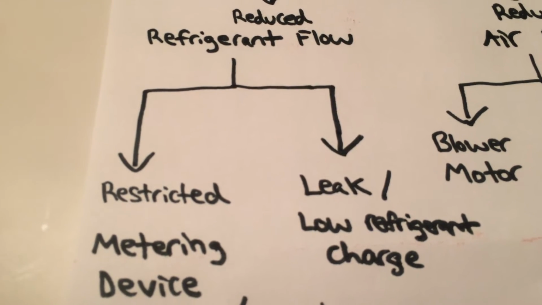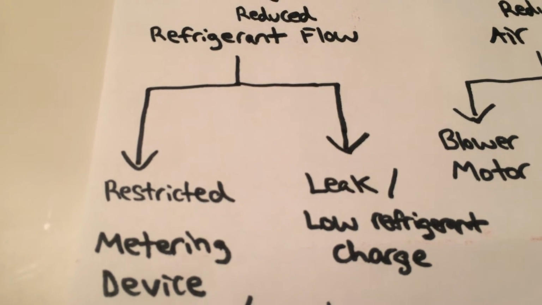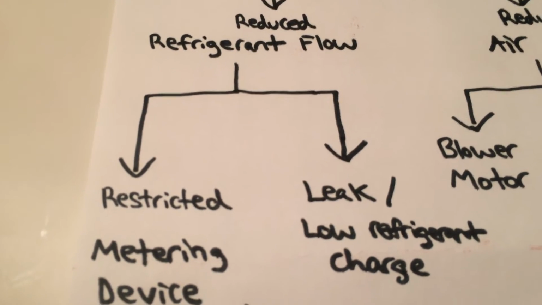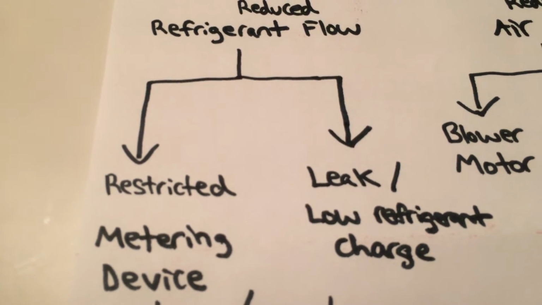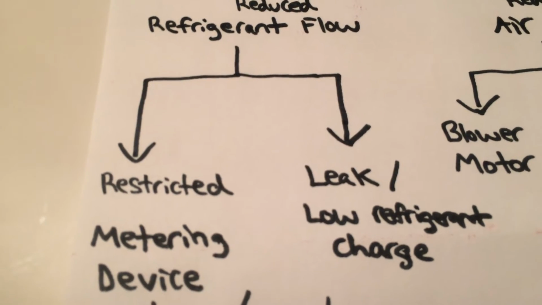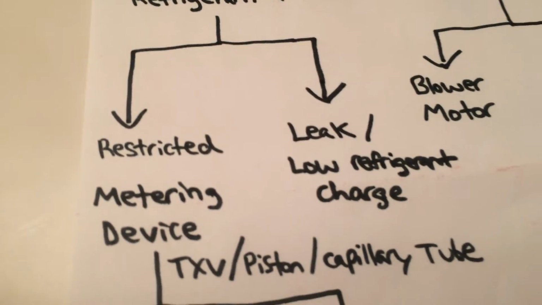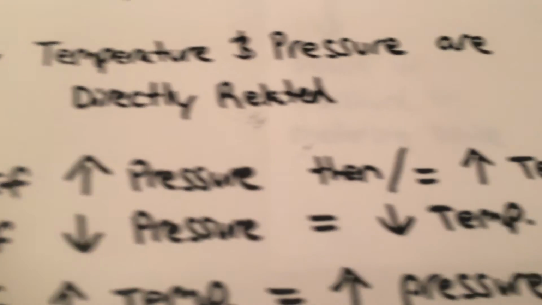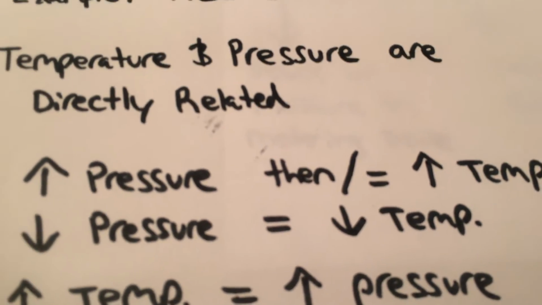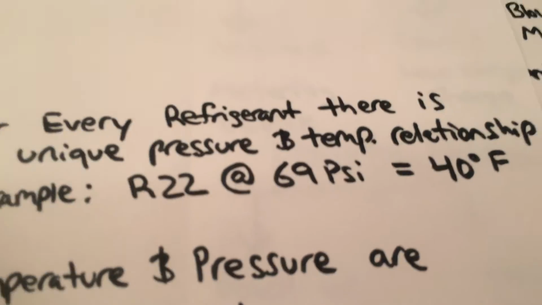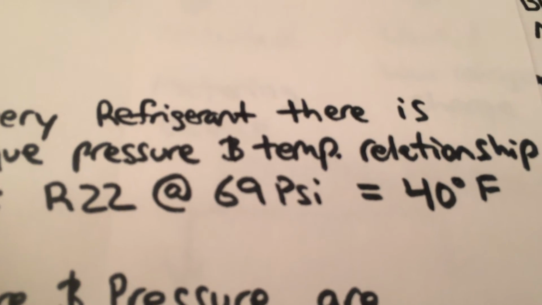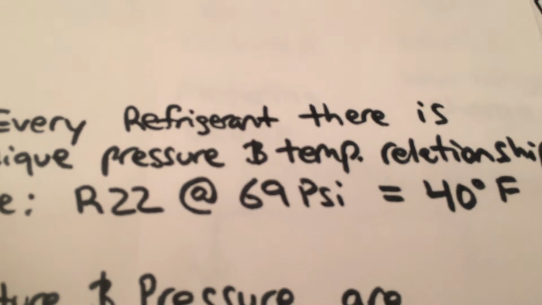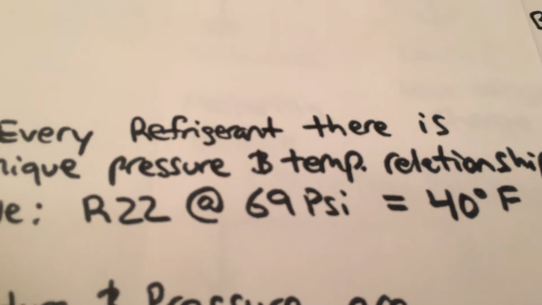So anytime we have a restriction in our metering device and it's not letting the proper amount of refrigerant into the coil, the compressor is going to start reducing the pressure in the coil. And because the pressure is being reduced, decrease in pressure, decrease in temperature. And if it's severe enough, we're going to drop below our 40 degrees Fahrenheit and work well down towards freezing of 32. And if we go below 32, of course, we risk freezing up the coil.